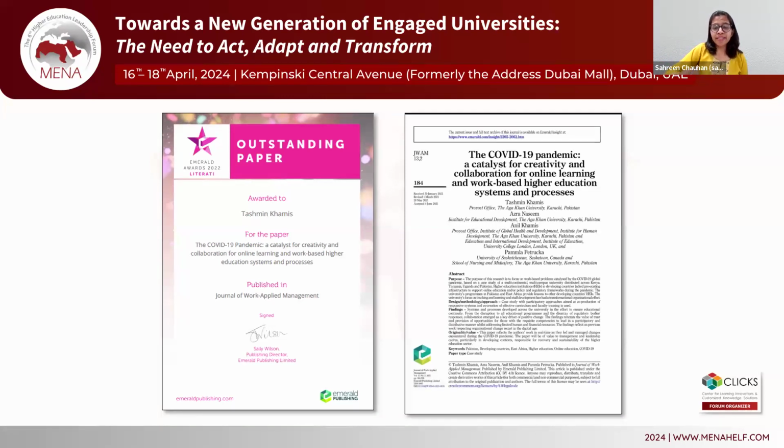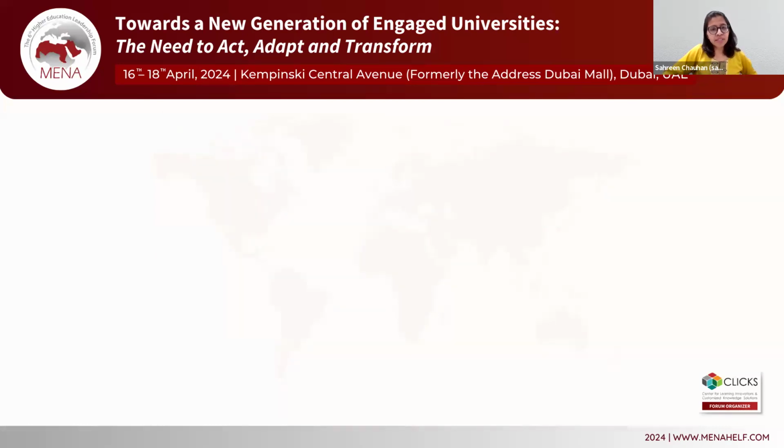I have put an image of the paper here. You can try searching for it, or if you need a copy, please feel free to reach out to me. This was another achievement, and also a way we documented our lessons in a peer-reviewed journal.